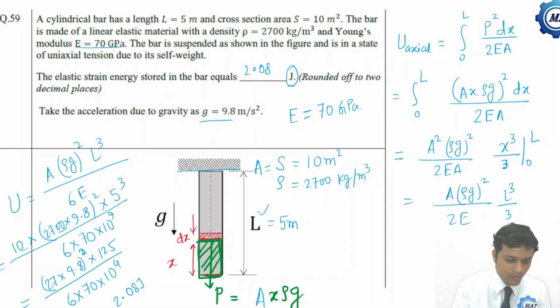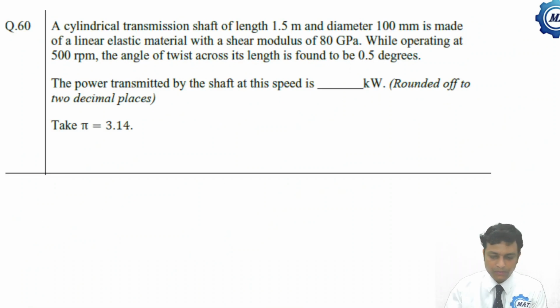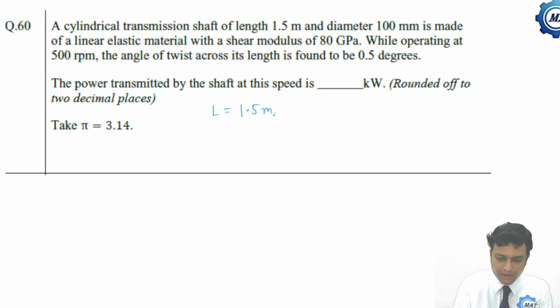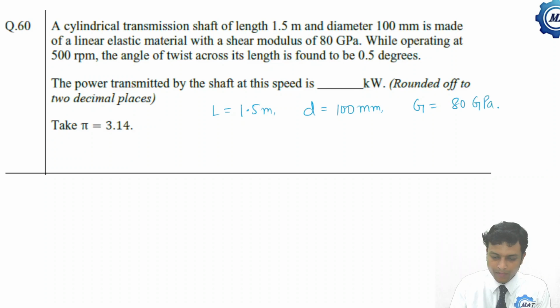Now let us move to the next problem. A cylindrical transmission shaft, length is 1.5 meter, diameter is 100 mm, is made of a linear elastic material. Shear modulus G is 80 GPa.